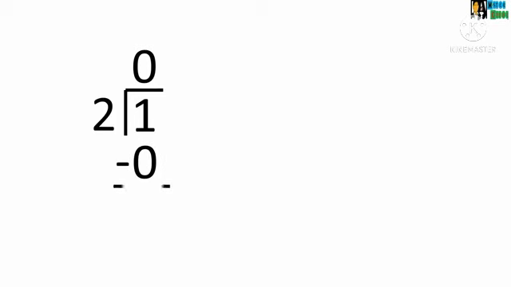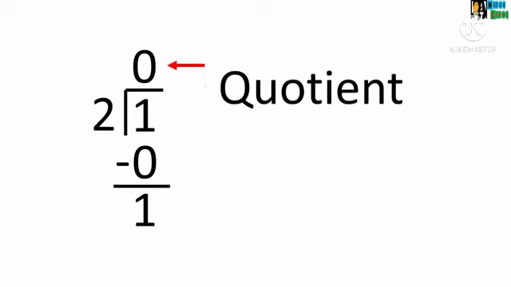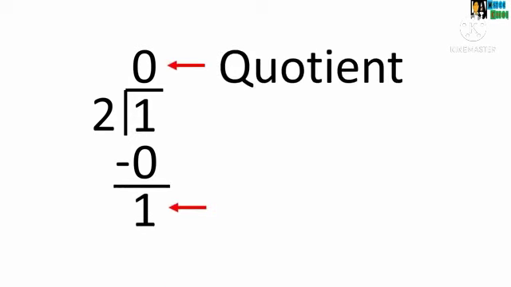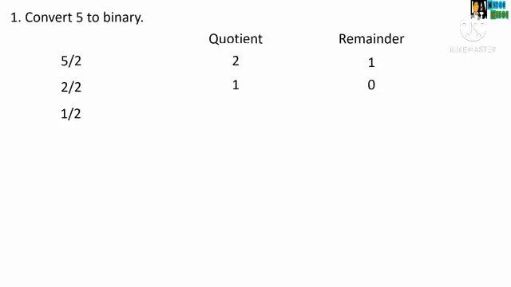So 0 times 2 is equal to 0. 1 minus 0 is equal to 1. So the quotient is 0 and 1 is the remainder. So again, you put 0 in the quotient and 1 in the remainder. When the quotient is 0, you stop solving.